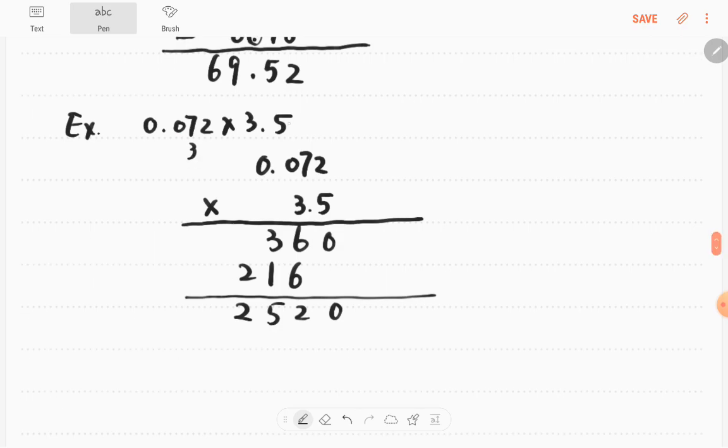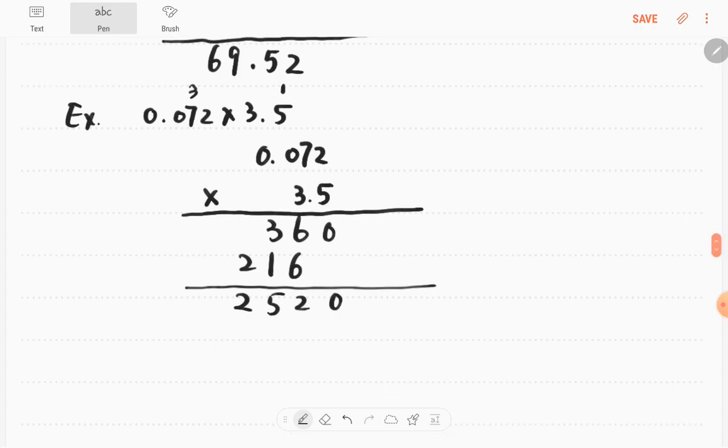Okay, and for the 3 decimal places. And for this one, 1 decimal place. So add them together, we have 4 decimal places. Okay, so which means we should move our decimal point to the left 4 times.